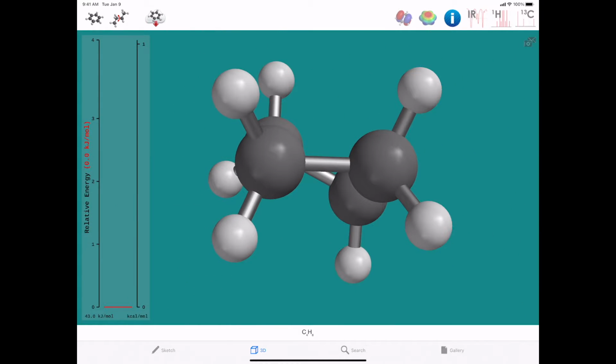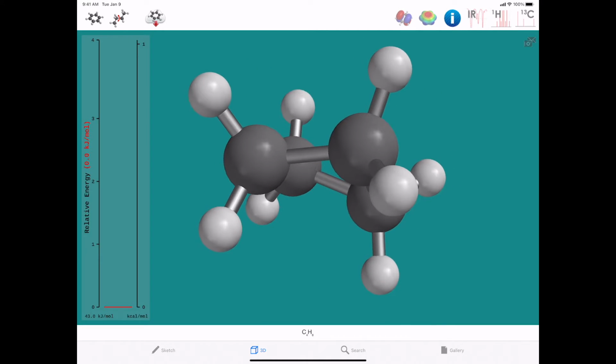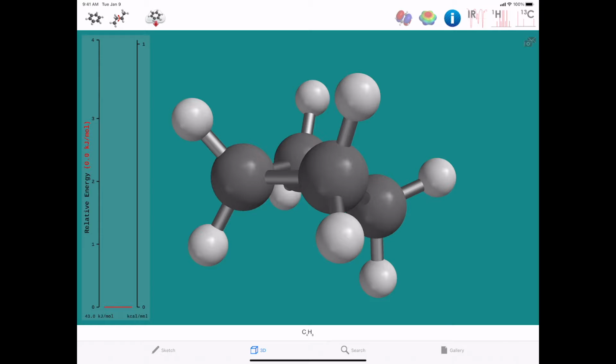Then if you look down one of these carbon-carbon bonds, you can see that the hydrogens are not eclipsed. They're not perfectly staggered, but this is as good as you can get. With the four-membered ring, of course, you can imagine multiple puckered conformations. If I were to call each of these atoms 1, 2, 3, and 4, I could imagine a conformation where 2 and 4 were down and 1 and 3 were up.